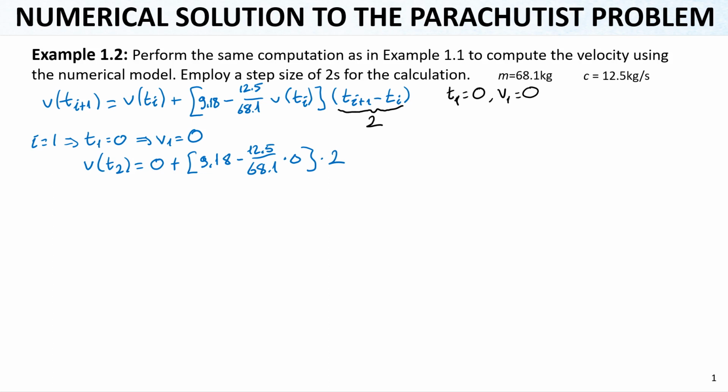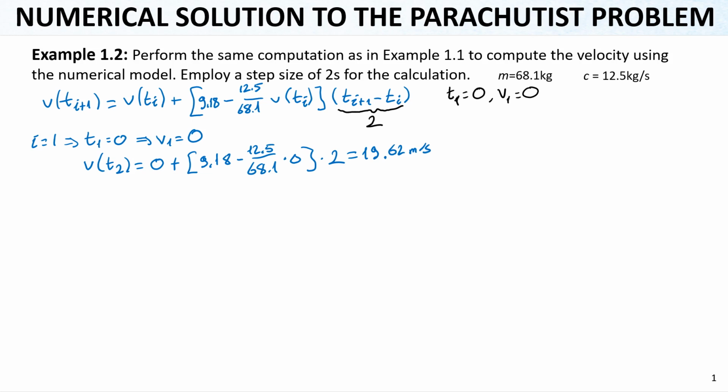So here, if we calculate, we will see that we obtain only 9.18 times 2, which gives us v(t2) as 19.62 meter per second.